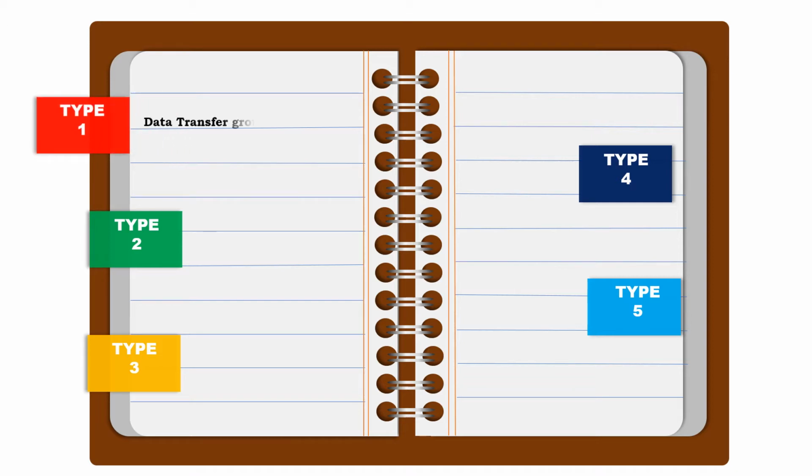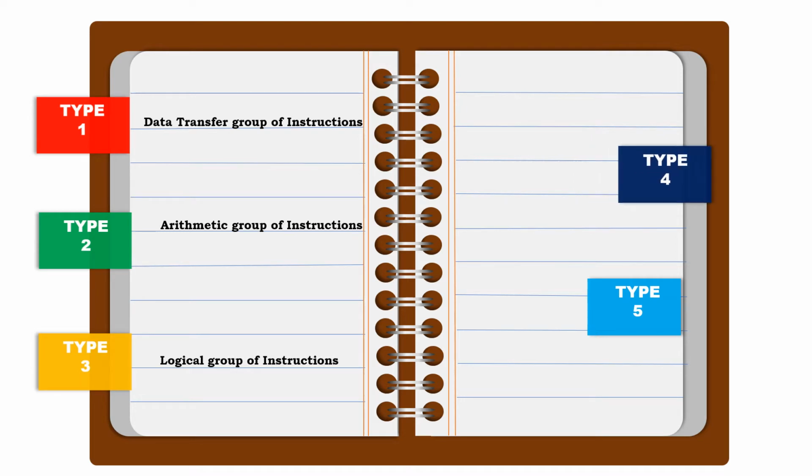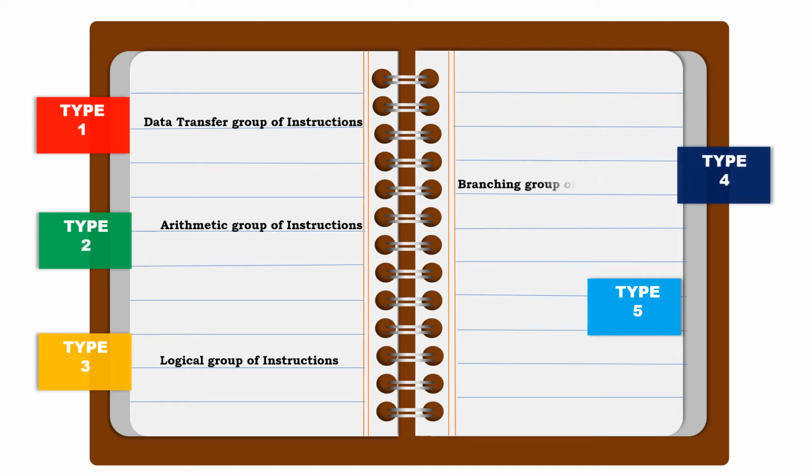The first category is the data transfer group of instructions. The second category is the arithmetic group of instructions. The third category is the logical group of instructions. The fourth is the branching group of instructions.